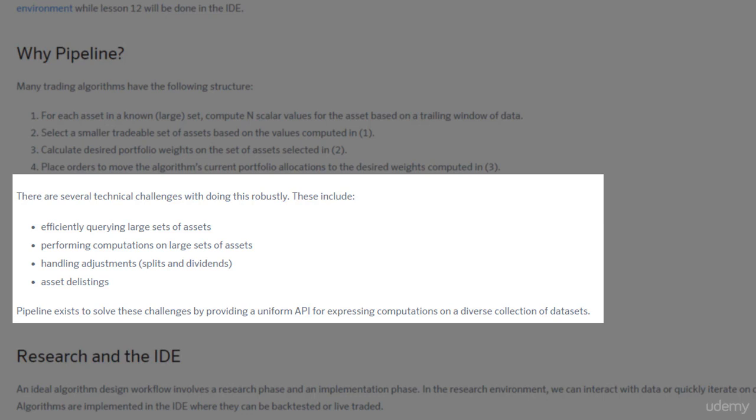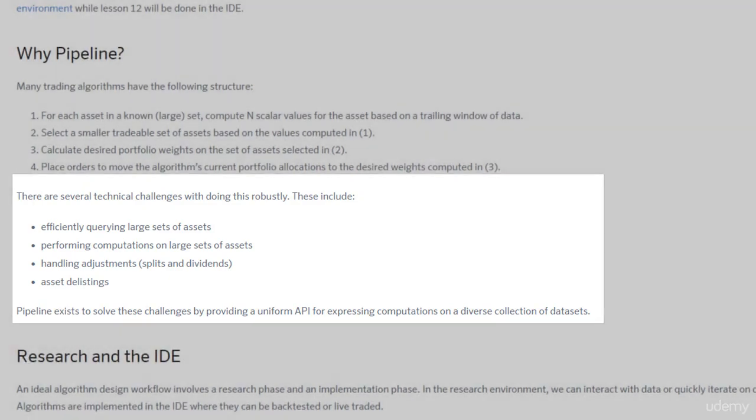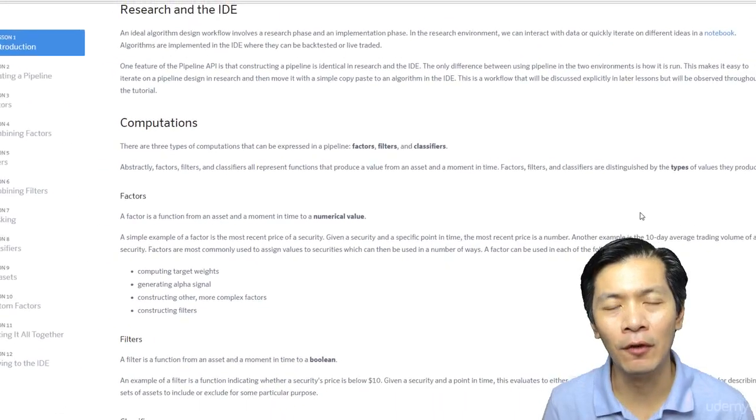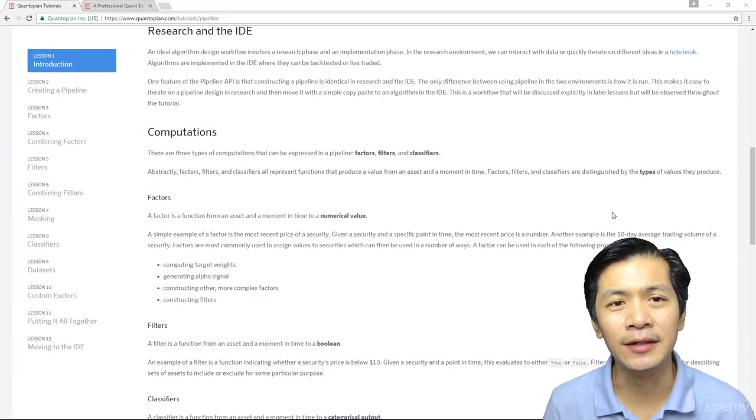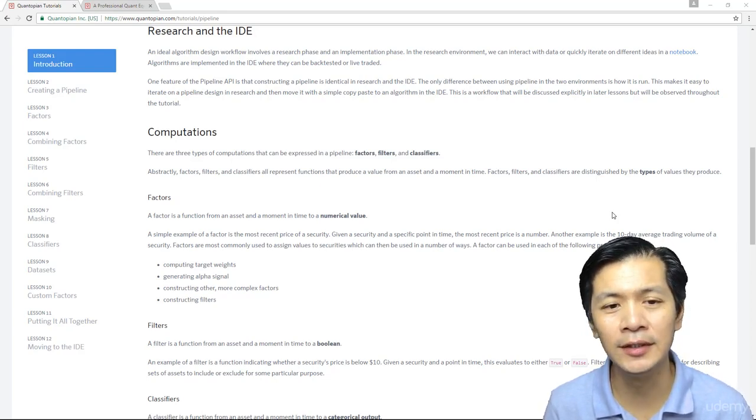Now, pipeline is designed to solve these problems by providing a uniform API for expressing computations on diverse collections of assets. In the design workflow of algorithmic trading, the ideal process is that you start with the research phase. In Quantopian, you will be using the research notebook, or the Jupyter notebook as it is known.